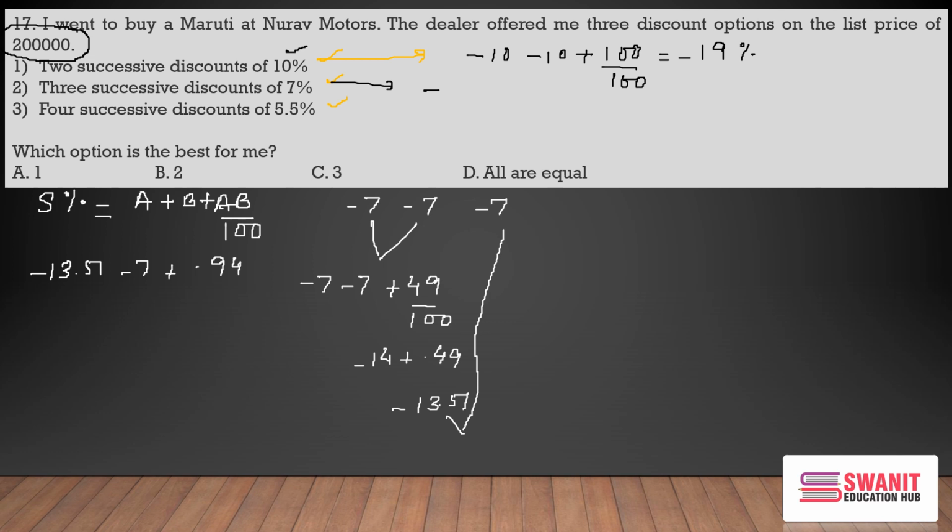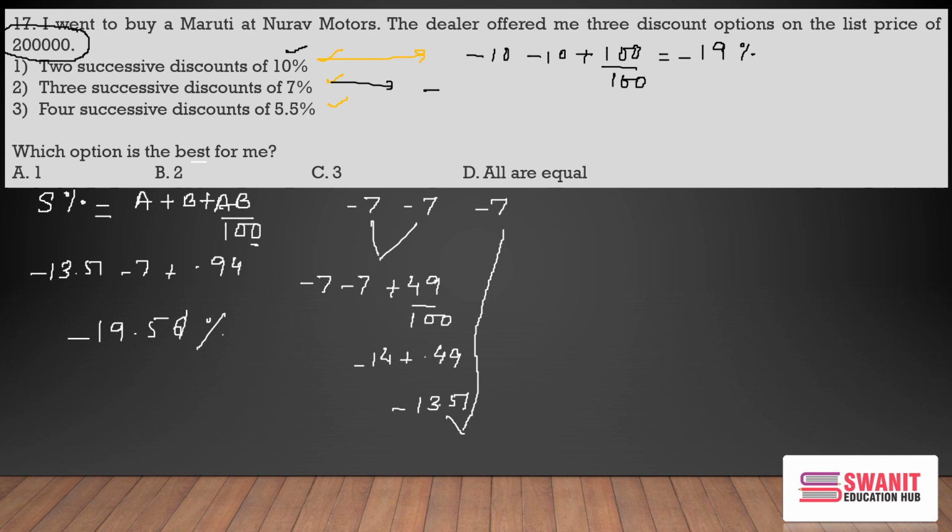When we say upon division, I am talking about this value of 100. And we can actually subtract the remaining two values, that is minus 20.51, and I end up getting minus 19.56 percentage, which is greater than the first one.